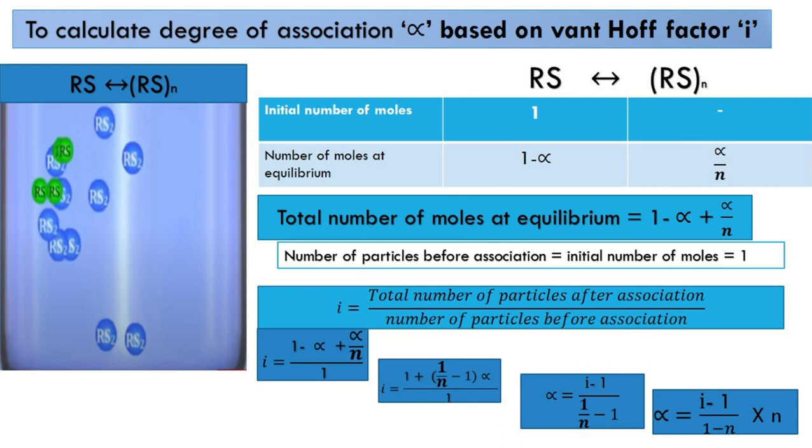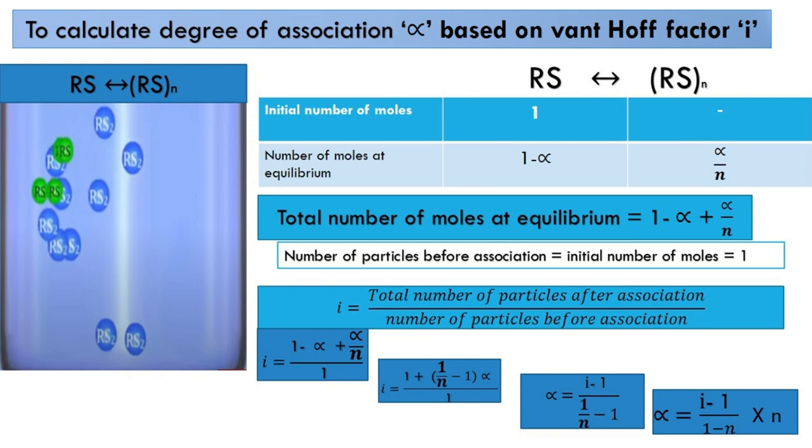At equilibrium, the number of moles of product formed will be equal to alpha divided by the number of particles associated, which will be represented as alpha by n, and the number of moles of reactant remaining at equilibrium will be equal to the initial concentration, that is 1, minus alpha. So it will be equal to 1 minus alpha.